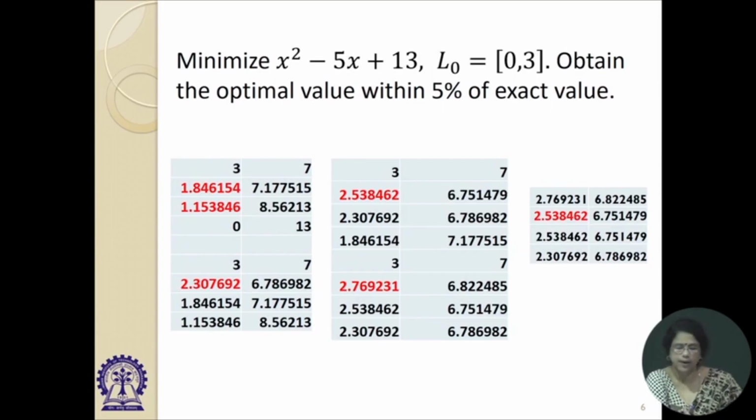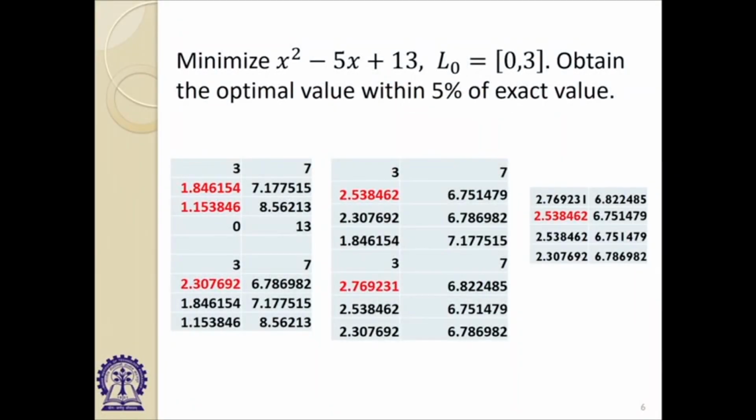From the first, we were discarding from 0 to this one because this was the higher value for me. In the next iteration, when I am reaching 3 up to this, if I see the functional values, they are 7, 6.78, 7.17 and 8.56. These are the functional values and these are the points within that interval.